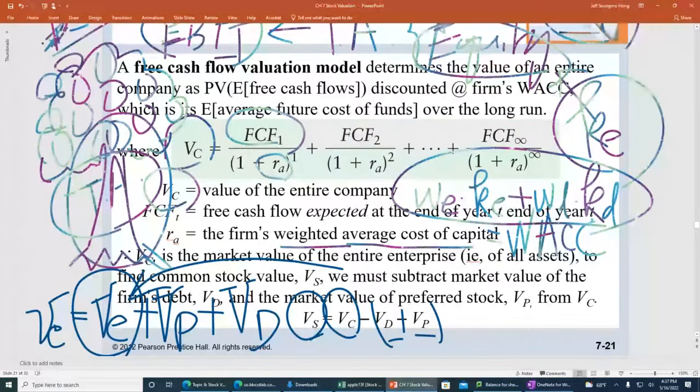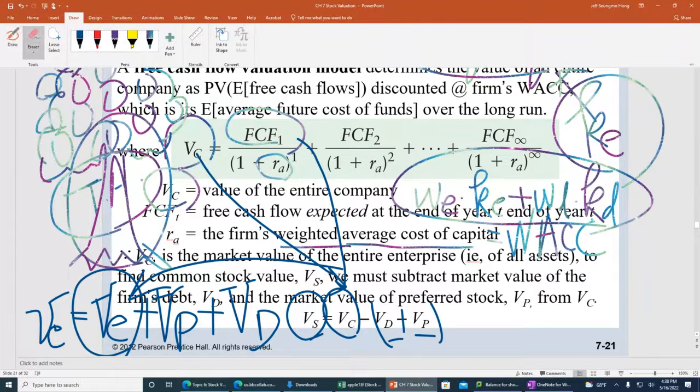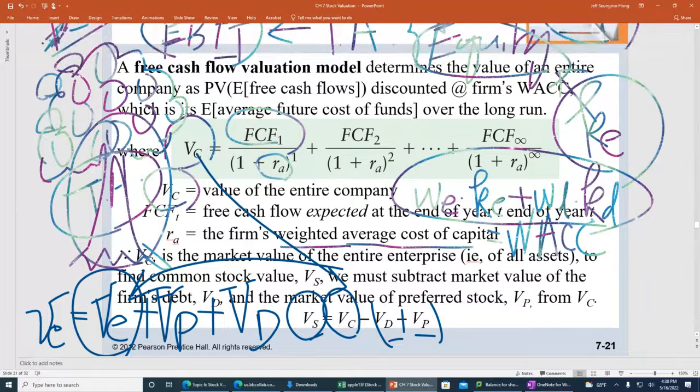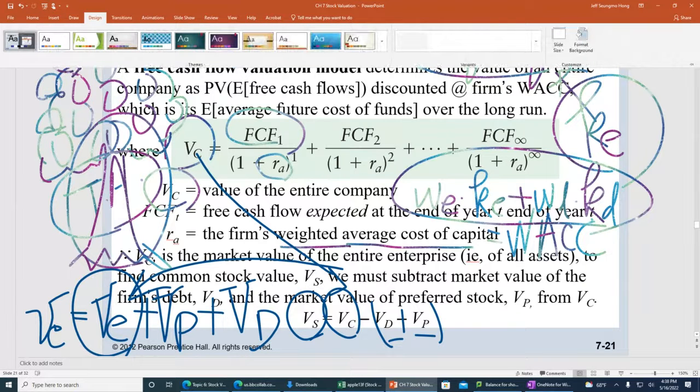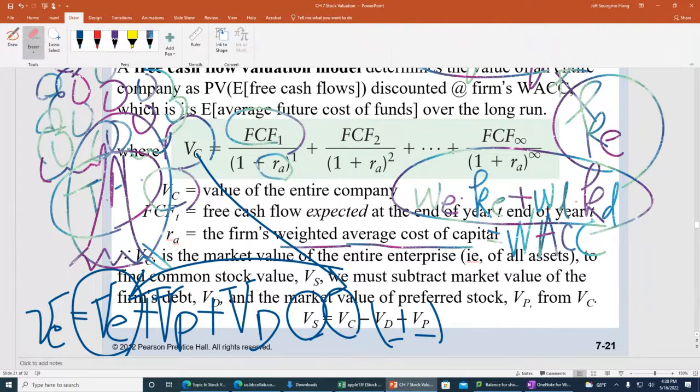In other words, through the free cash flow model we found the value of the company, and from it we isolate only the value of the equity, or common stock.